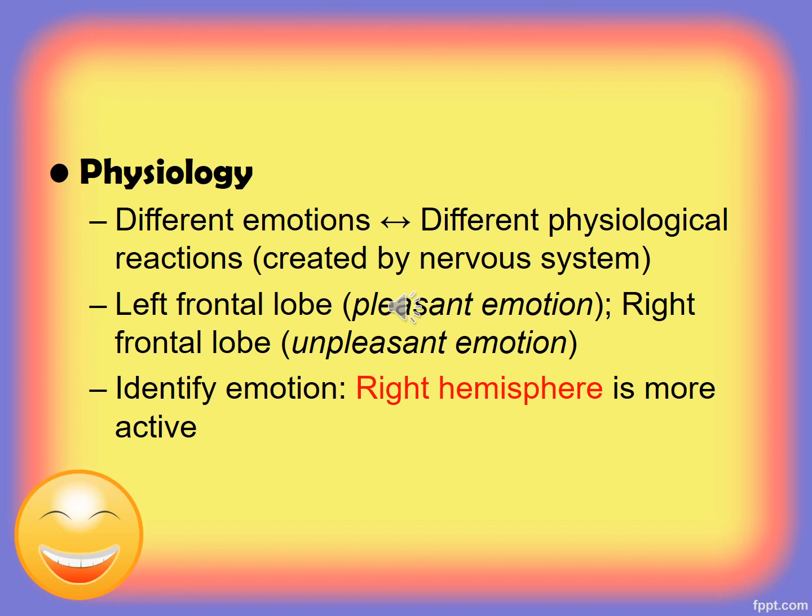And they found that people who train in meditation, which means that they practice meditation regularly, have a more active left frontal lobe because it shows that they have calmness and more pleasant emotions. And when they ask the participants to identify emotions, whether reading human facial expressions or from pictures, they found that the right hemisphere is more active.